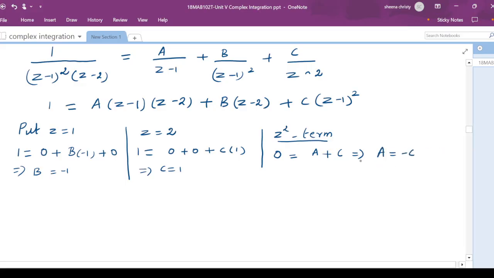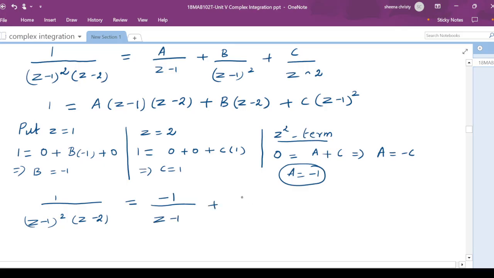What is c here? a equal to minus 1. Okay, therefore 1 divided by z minus 1 the whole square into z minus 2 equal to a is minus 1 divided by z minus 1 plus b is also minus 1 divided by z minus 1 the whole square, plus c is 1 by z minus 2.